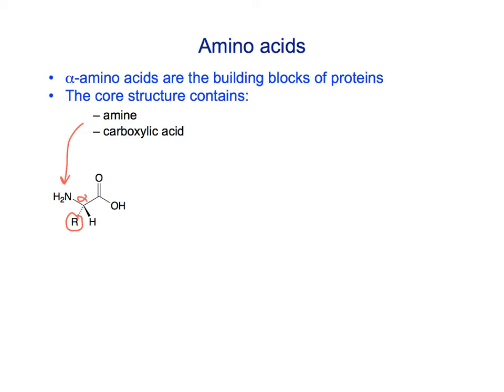So they all have at least one amine and one carboxylic acid. Okay? So if we have this amino acid, what do you think is going to happen if we just dissolve this in water? Is it just going to stay the same? No, what's going to happen to it?